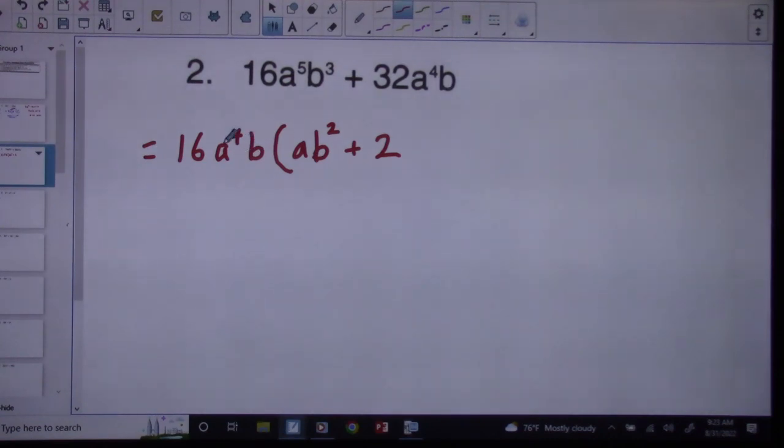We're not going to put anything because this was already factored out. What times b equals b? Nothing, right? 1. So we can just go like this. And then if you redistribute to check your work, you should be able to see that we would get back to where we originally started.